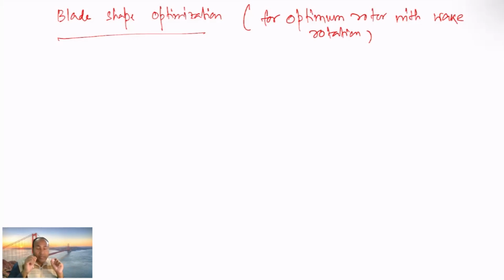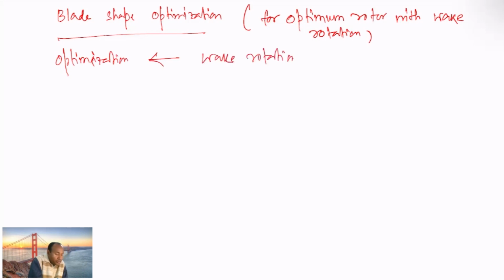Now the optimization actually includes wake rotation but ignores CD, which is essentially considered to be zero.